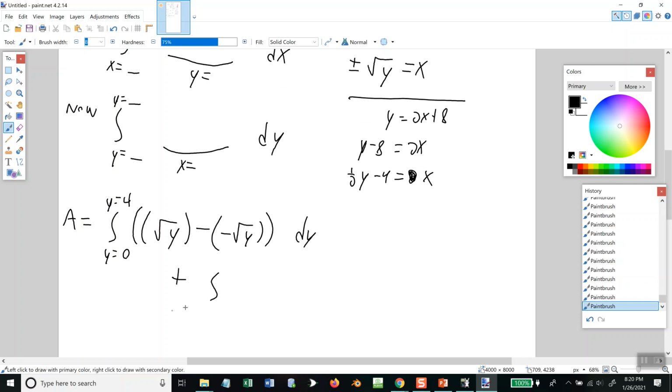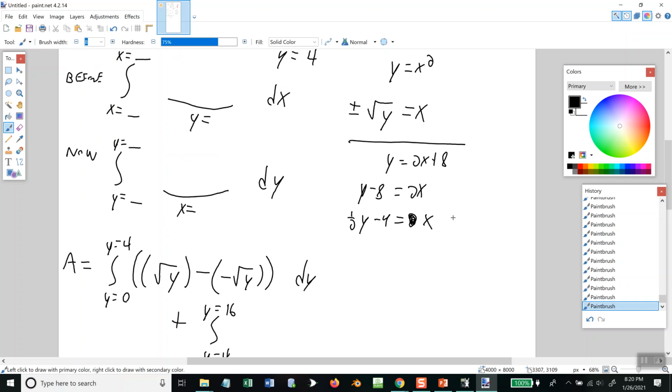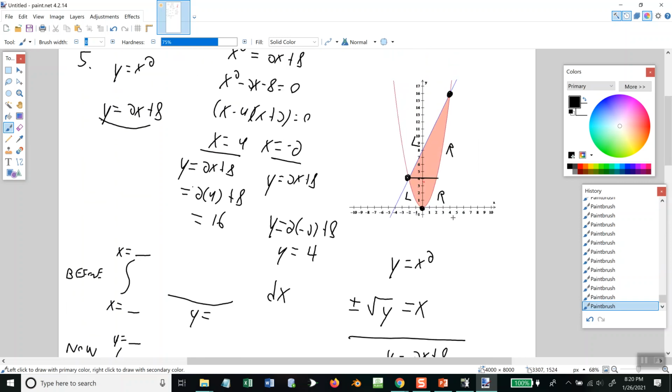And then y equals 4 to, I think it was 16, wasn't it? Now our right side, right here, comes from the curve again. So what am I going to use? Square root of y, the positive, yeah, exactly.